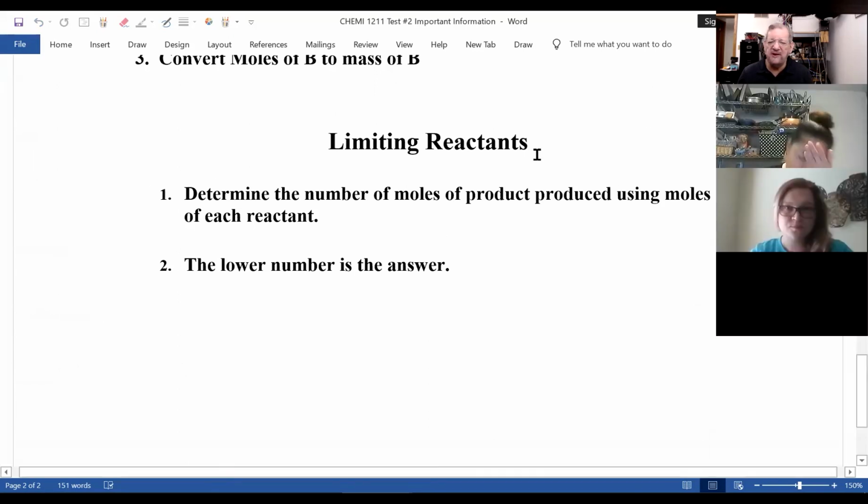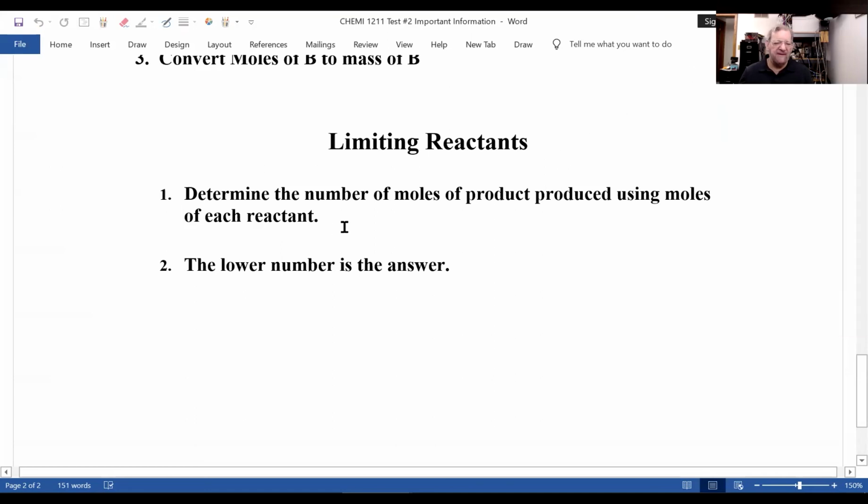Everybody see limiting reactants on the screen? Thank you. All right. Here, first you determine the number of moles of product produced using the moles of each reactant. The lower number is your answer.